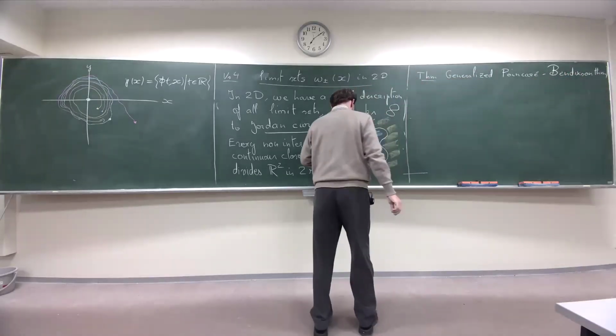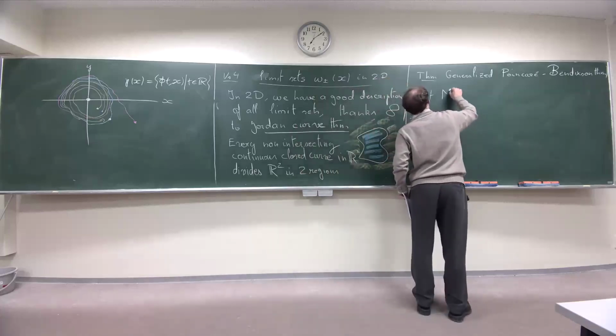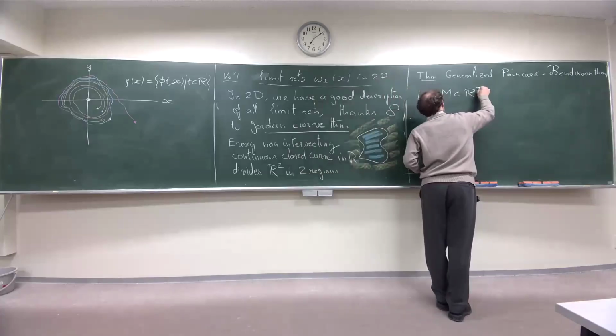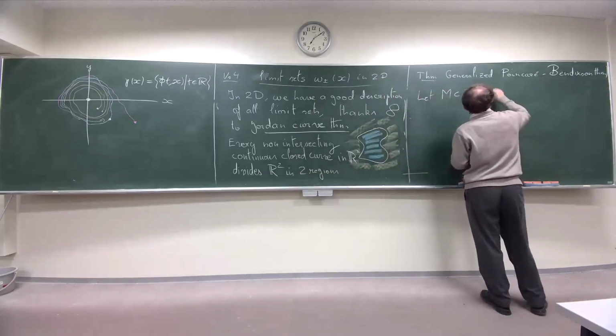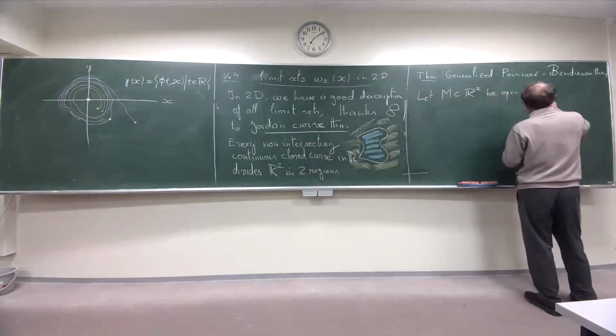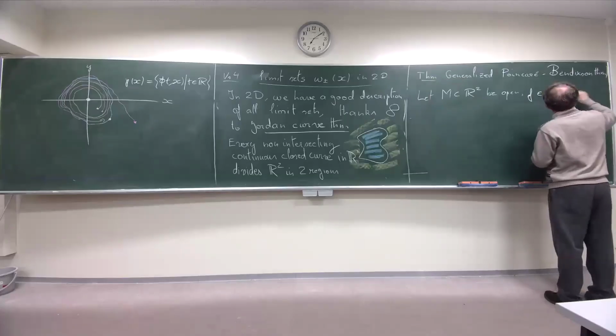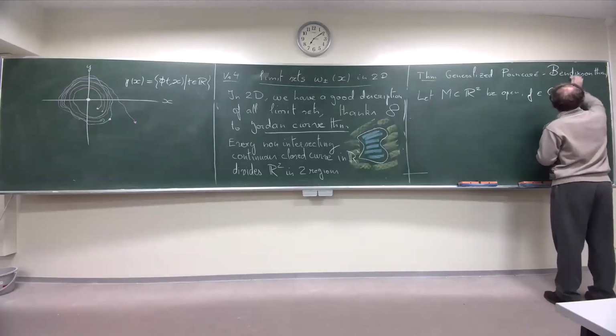So we are in this framework, so I have to be precise. Let M be an open subset of R2. We are in 2 dimensions. And we assume that F is a C1 function on M with values in R2.